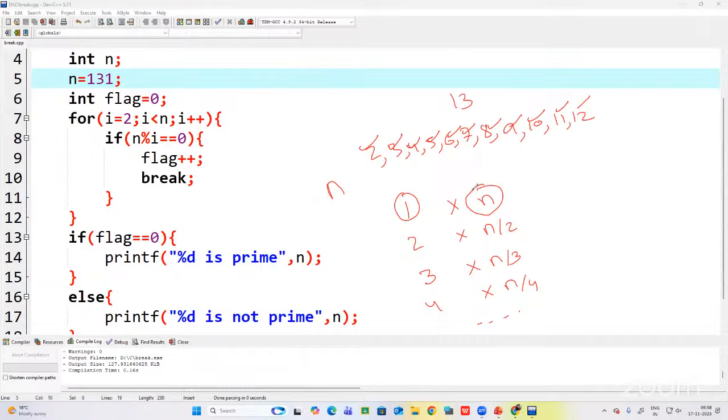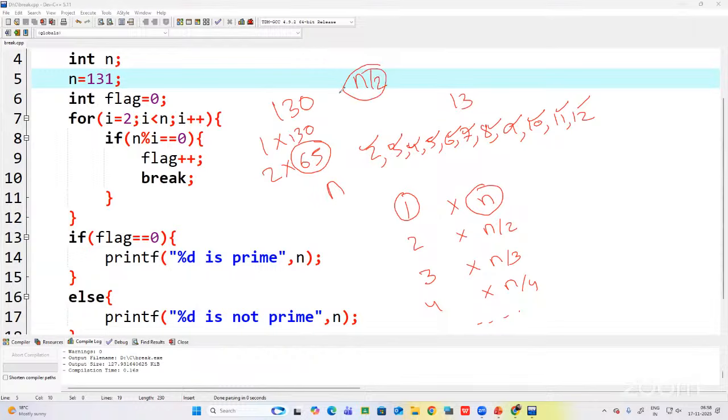But what is the second largest factor? You can't say for sure. Why? Because if you take 130, the factors are 1 into 130 and 2 into 65. Therefore, what is 65? 65 is n by 2.